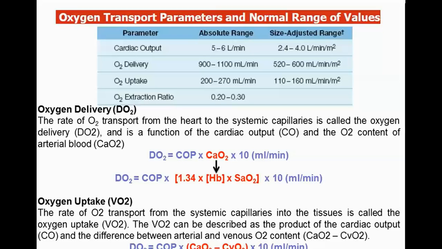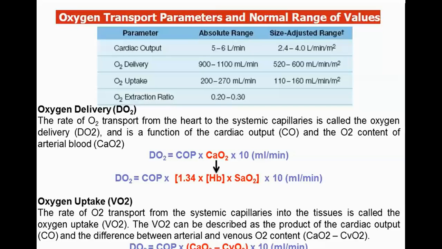Difference 5 milliliter per deciliter. So per liter it will be 50. In cardiac output, it will be 250.